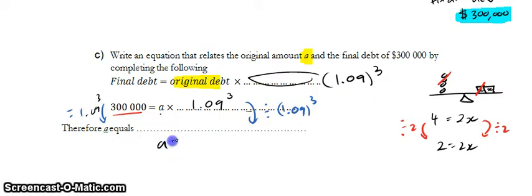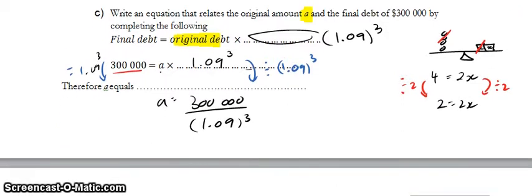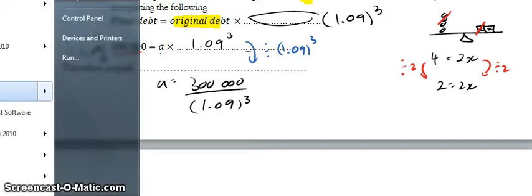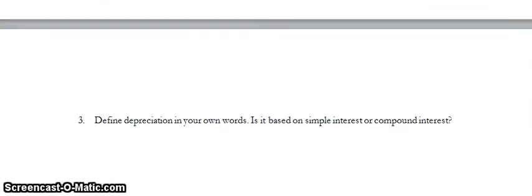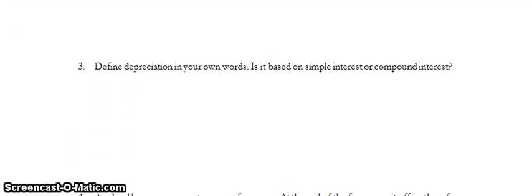And I get A equals 300,000 divided by 1.09 cubed. Okay, and you plug that into your calculator. Let's do that. Just waiting for my calculator to load.